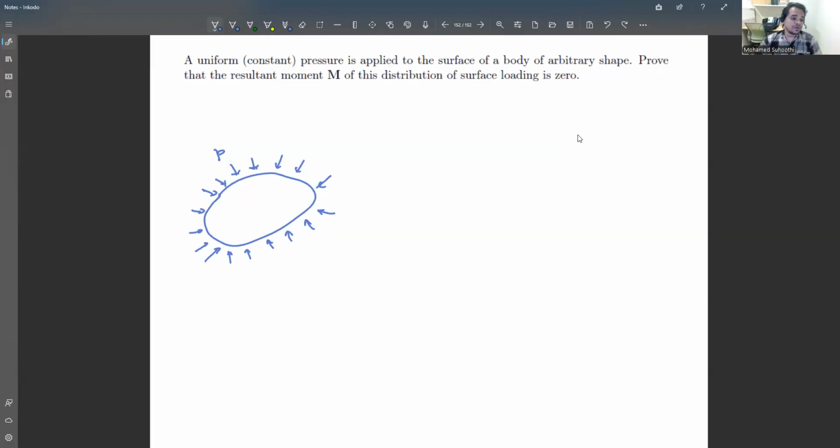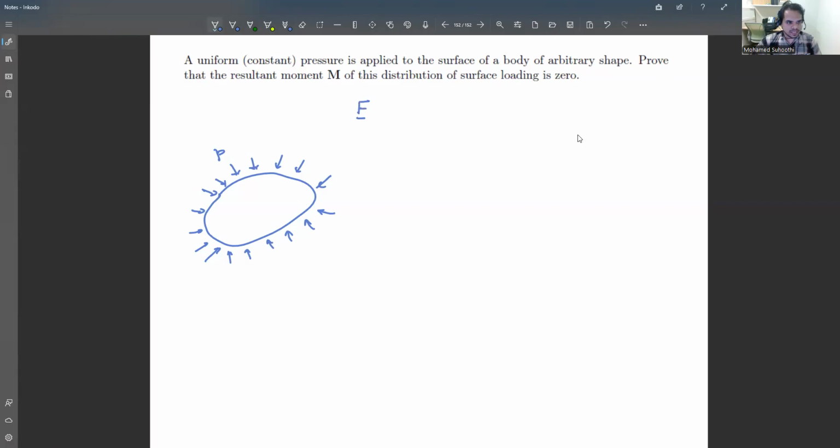So you have to prove that the resultant moment is zero, right? If a constant pressure is applied surrounding the body, it will be in equilibrium, right? So you can say force is zero. Okay, this is a very important point, right?